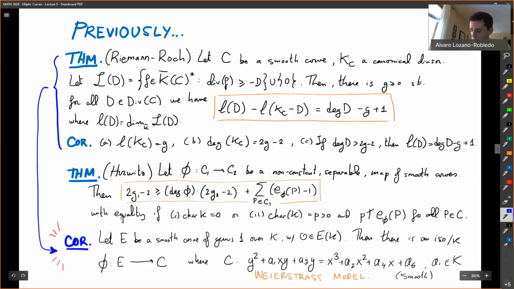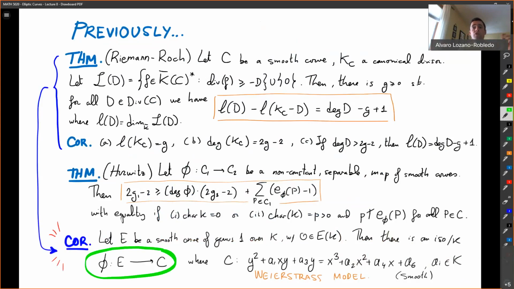So the map is giving you such a thing. These are two curves that are isomorphic, meaning that you have a morphism to go from one to the other. What you can think of is that they are the same curve, but depending on what variables you choose for your curve, you're going to get different models for the curve.